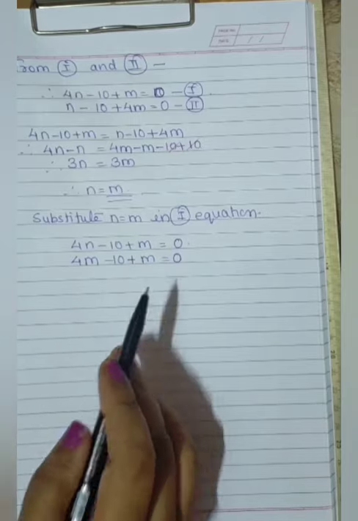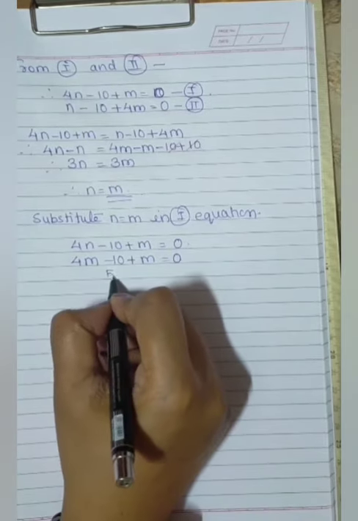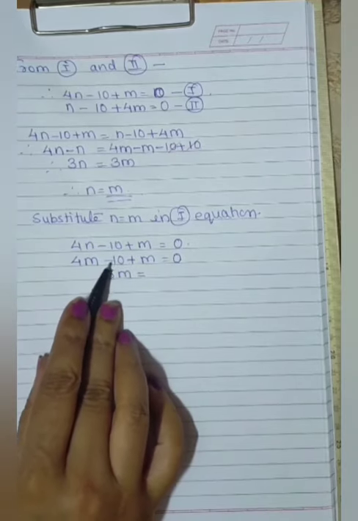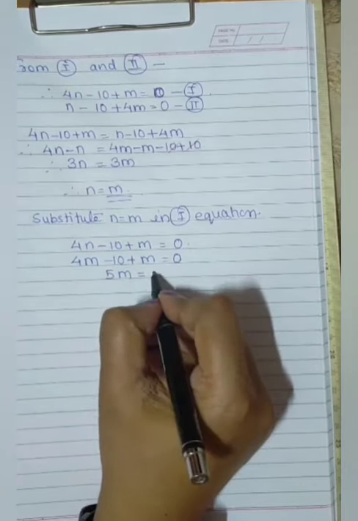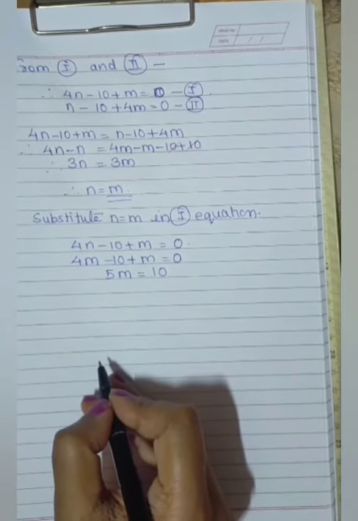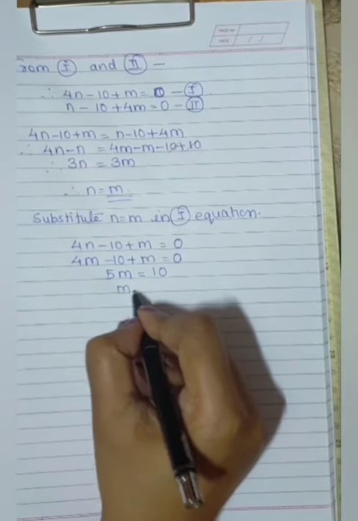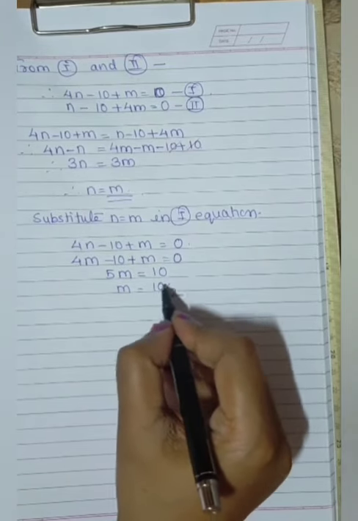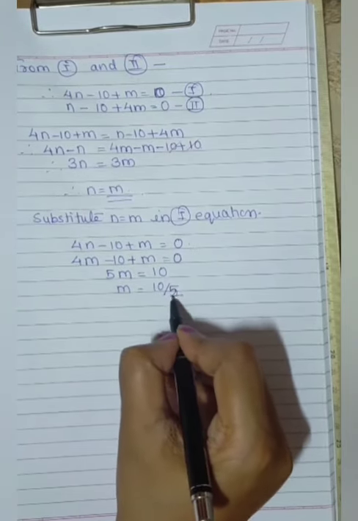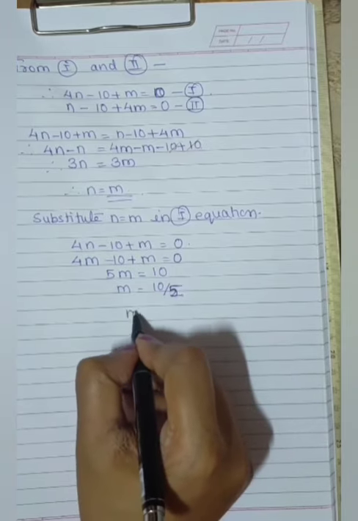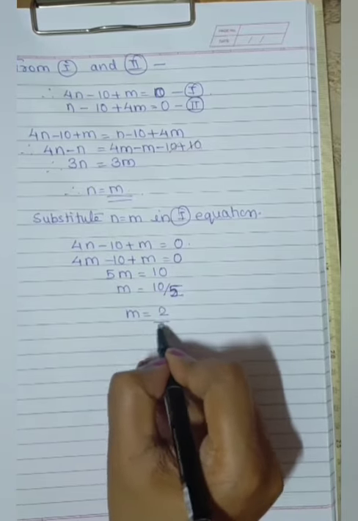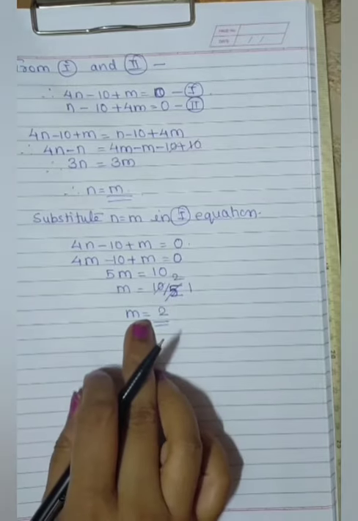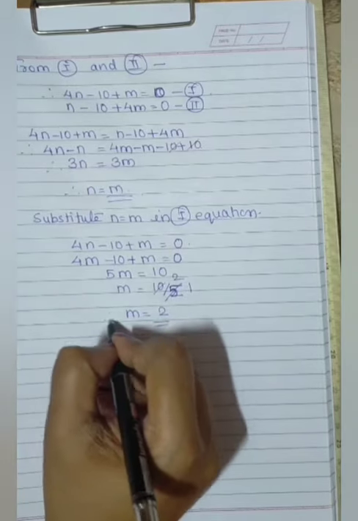So 4m plus m will become 5m. Now equal to this, minus 10 will move to opposite side, it will become 10. Okay, now m is equal to 10 upon 5. So m is equal to what? 2. Okay, now m is equal to 2.